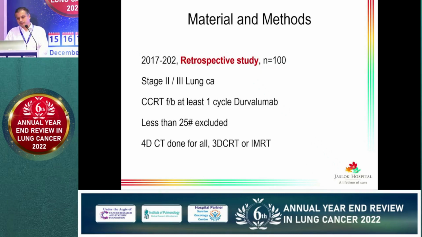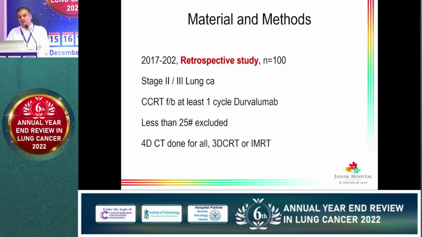So coming to the materials and methods for the present study, this is a retrospective study done between 2017 and 2020. They enrolled 100 patients with stage 2 and stage 3 unresectable tumors. All the patients were planned for CTRT followed by durvalumab.